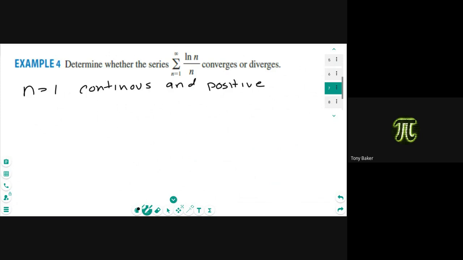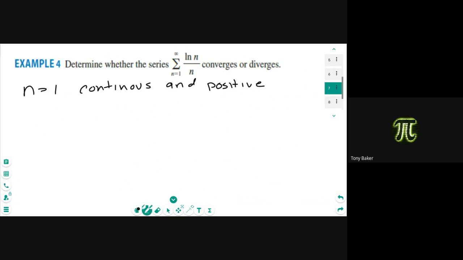Is it decreasing? Yeah, it's going to 0. ln increases and n increases, but the question is, does ln of n over n decrease?